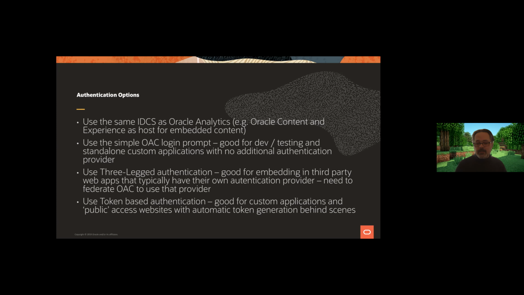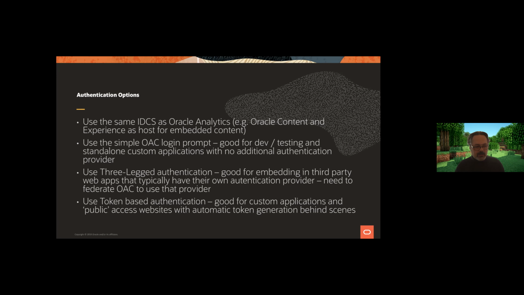One best practice could be that you have a separate instance for this particular use case if you wanted to show OAC data on a public website. But it is something that we know is very popular. It's something that we've been asked for a lot, and using token-based authentication will enable that use case.